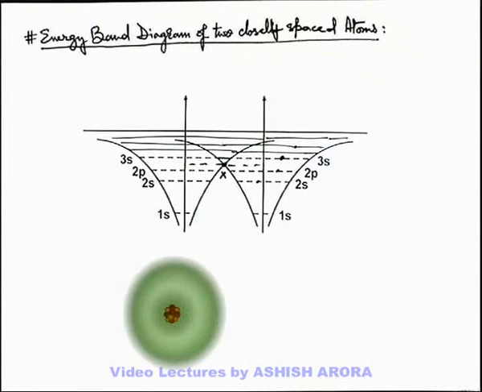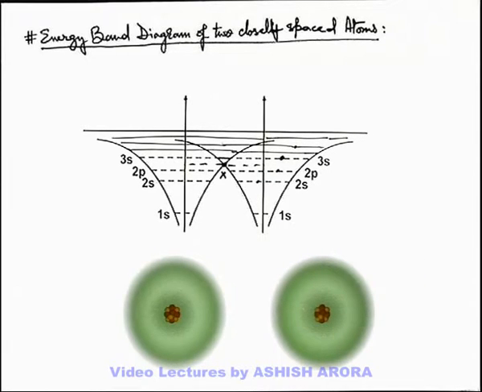In continuation to this we will see a realistic situation also. When two atoms are brought close to each other, here we can see there are two atoms. And when these are brought close to each other, initially they have their electron cloud associated with the individual nuclei.